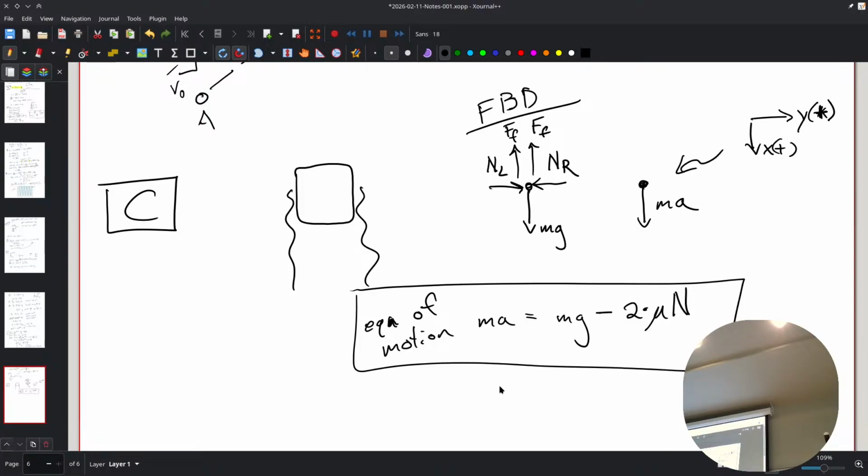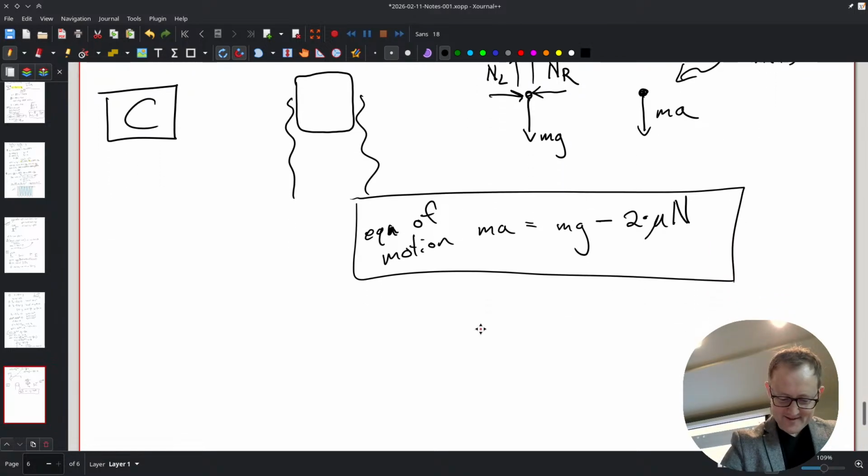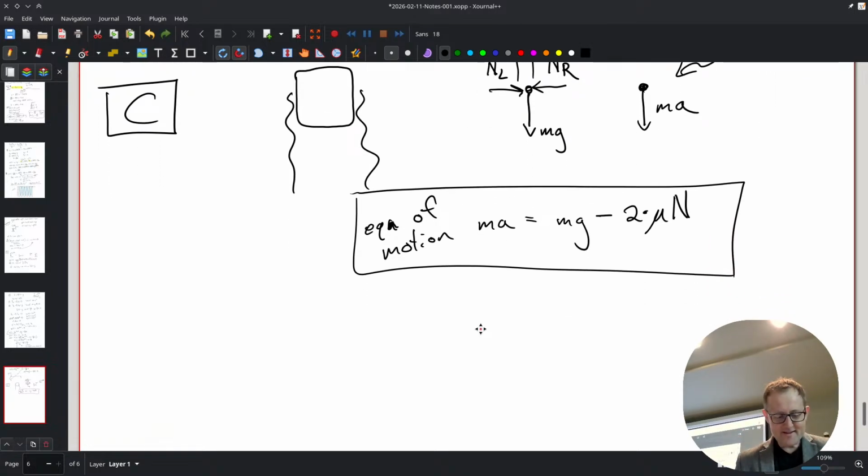It feels like it's going to slow down. There's friction. So the general feeling is that friction means slow down, that it's got to slow down.